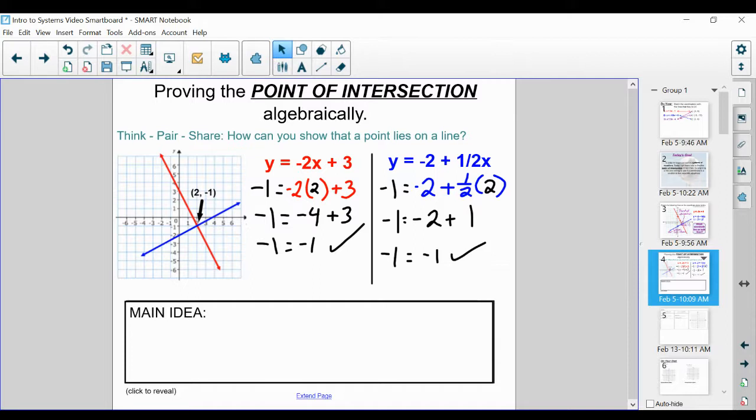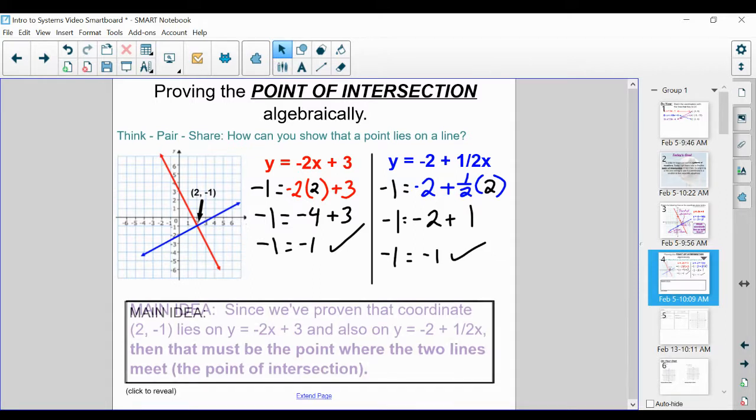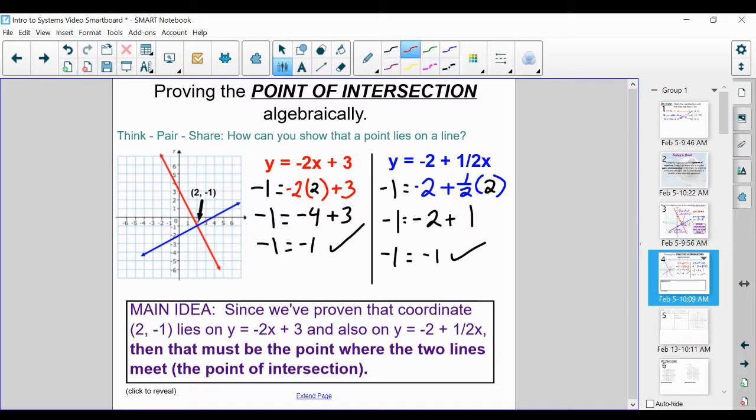So the main idea here is this. You should really jot this down. Since we've proven that coordinate 2 comma negative 1 lies on y equals negative 2x plus 3, that's our red equation represented by the red line, and also on y equals negative 2 plus 1/2 x, that's our blue equation that's represented by the blue line, then that must be the point where the two lines meet.